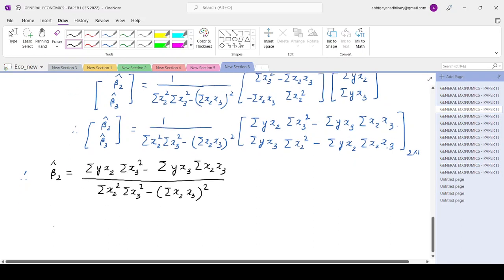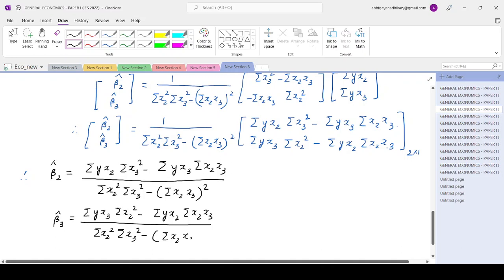And similarly, beta 3 hat is summation yx3 summation x2 square minus summation yx2 summation x2 x3, divided by summation x2 square summation x3 square minus summation x2 x3 whole square. And these are the parameter estimates that you get from the OLS technique by fitting the above model. Thank you.